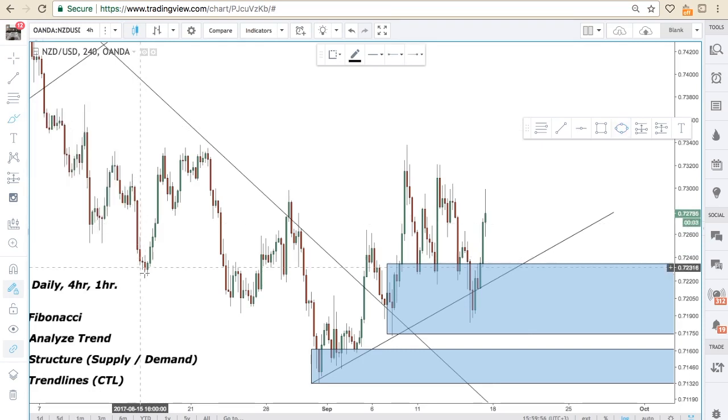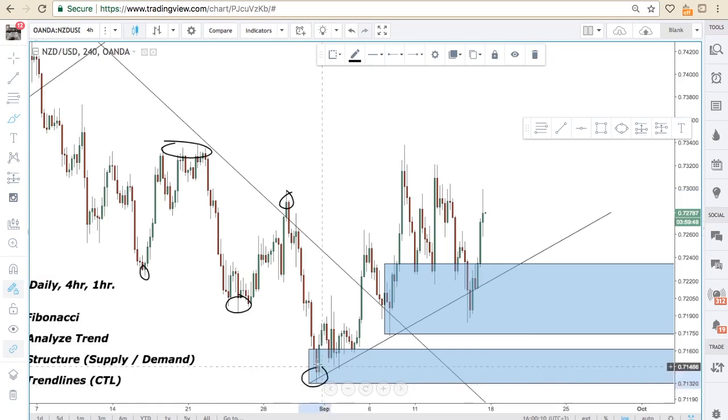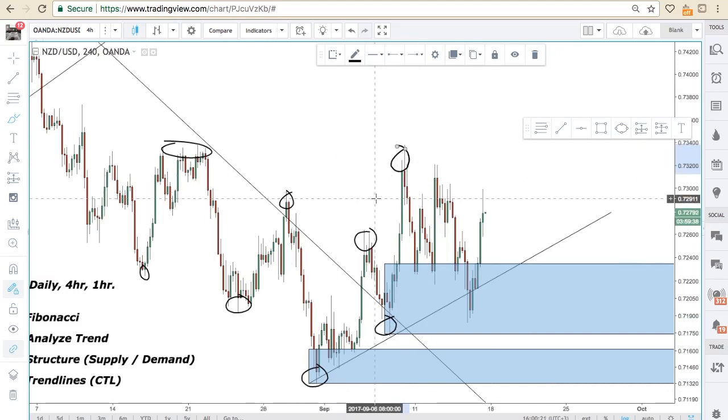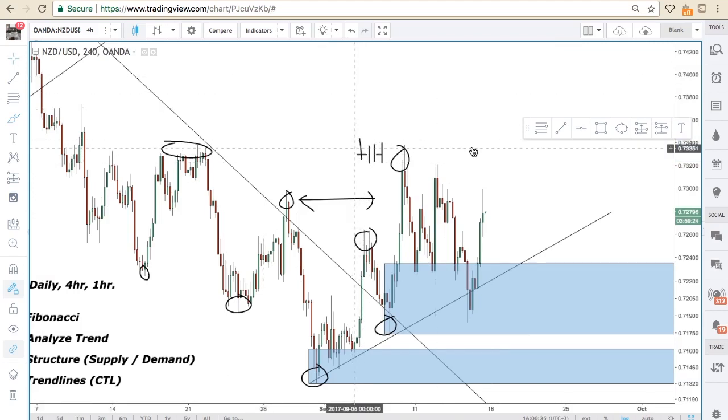We have a series of lower highs, lower lows, lower high, lower low, lower high here that failed to break the lower low, and then a break of structure. We broke this previous lower high and created a new higher high. Brand new higher high. Those are terrible H's, forgive me.